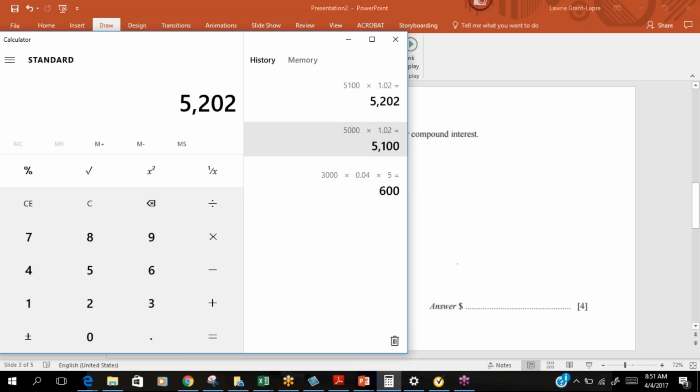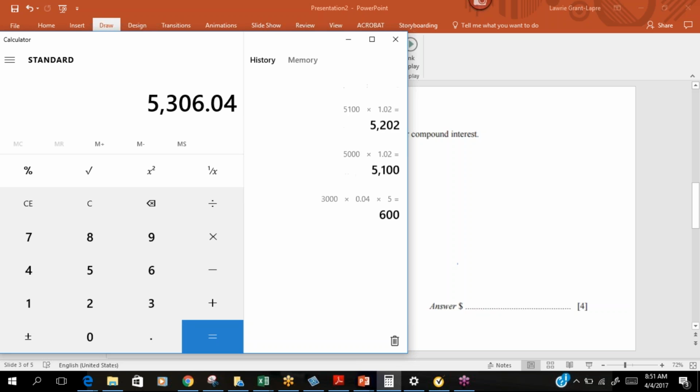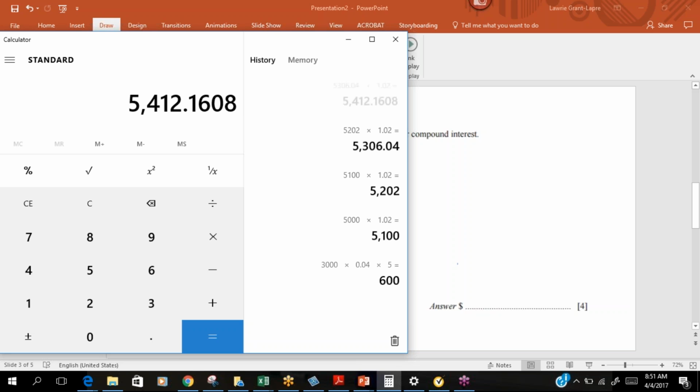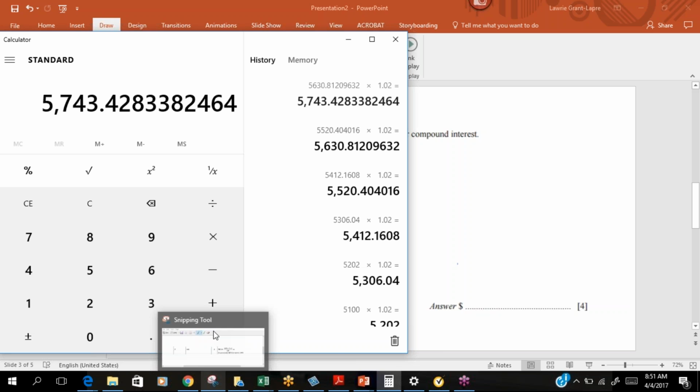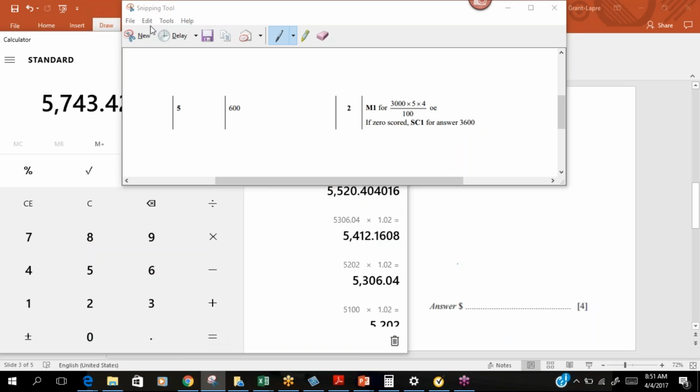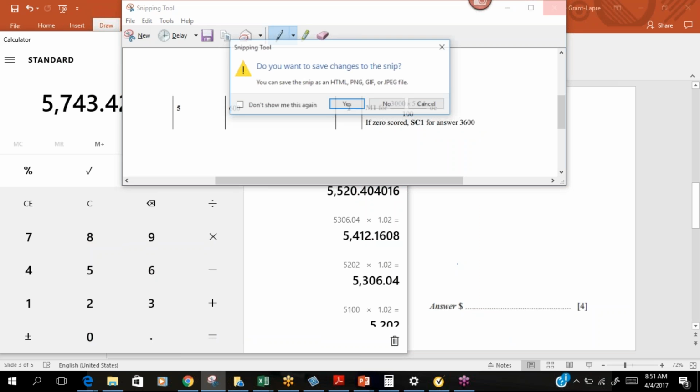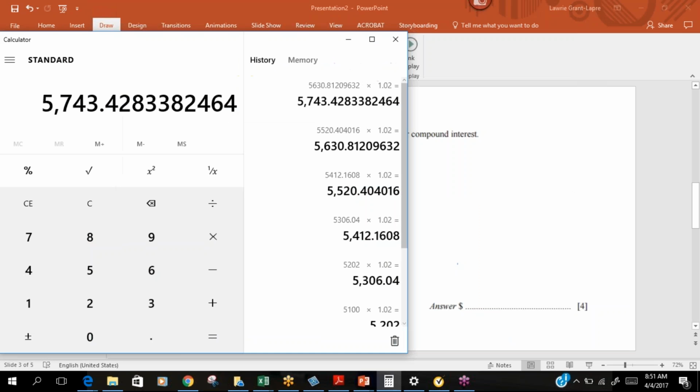So after 1 year, George makes 5,100. After 2 years, George makes 5,202. That's 2. If I press this 14 times, I've already pressed twice, I will get my answer. So that's 2, 3, 4, 5, 6, 7, 8.